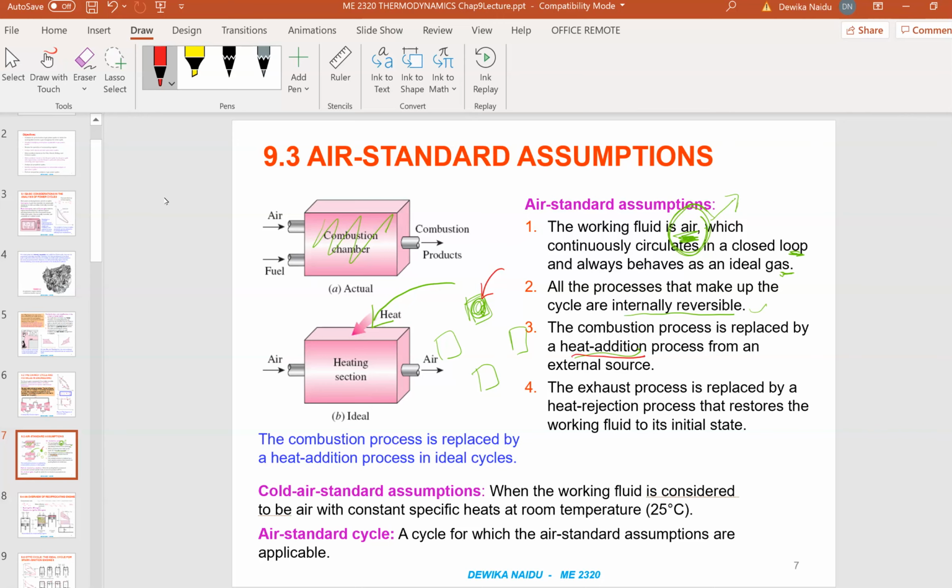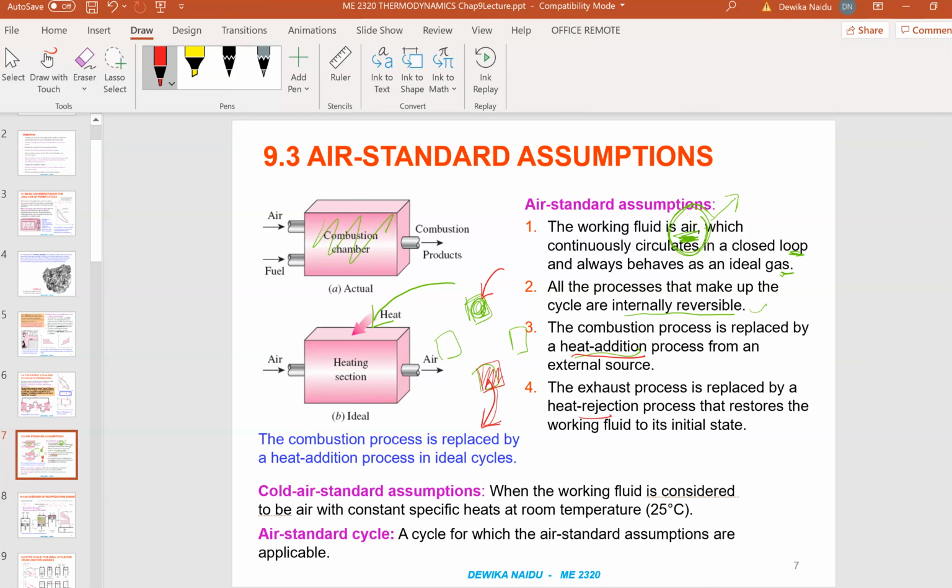For heat rejection, it's actually coming from here and going out. But in a real case scenario, it's actually happening within the equipment itself. But they just say that it is going out. It's a bit tricky, but this is how it is. So you need to understand it that way.